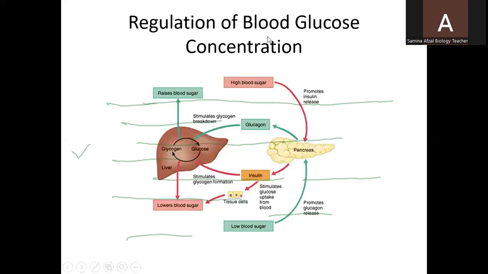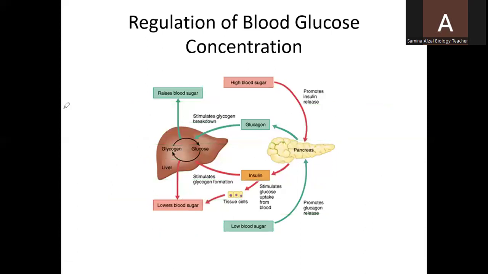Now, the process of regulation of blood glucose concentration. When we eat too much sugar or sweets, our body will have high blood sugar, or the sugar level of the blood will be increased. So our pancreas will be activated.